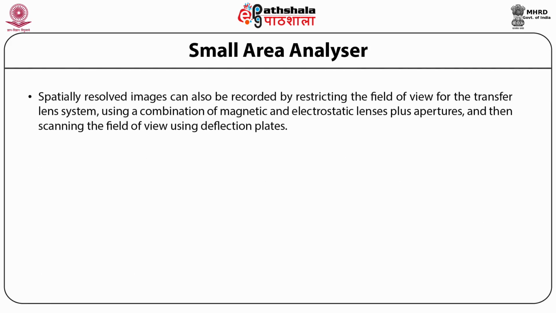Spatially resolved images can also be recorded by restricting the field of view of the transfer lens system using a combination of magnetic and electrostatic lenses plus apertures, and then scanning the field of view using deflection plates. Stigmatic energy resolved images are acquired through the mirror hemispherical analyzer and offer a fast XPS image acquisition mode.